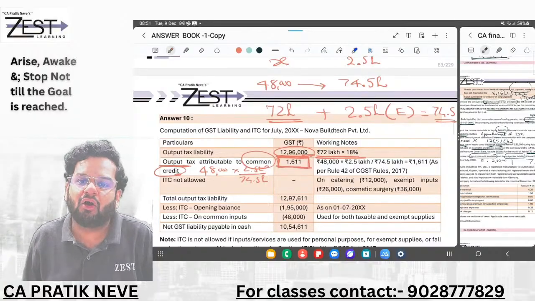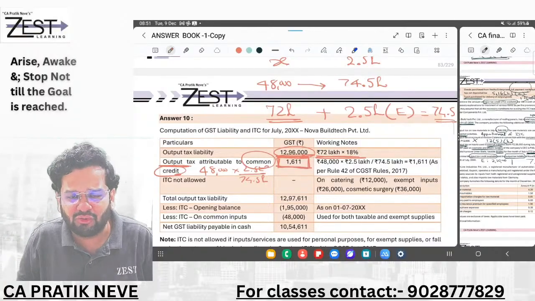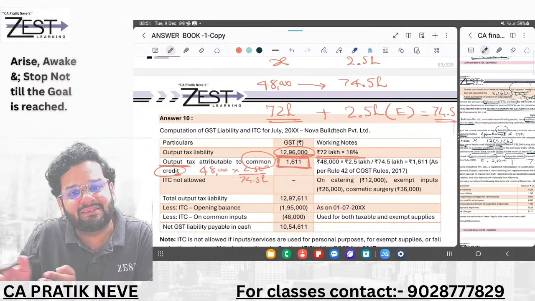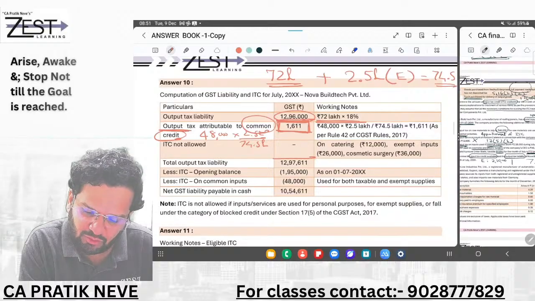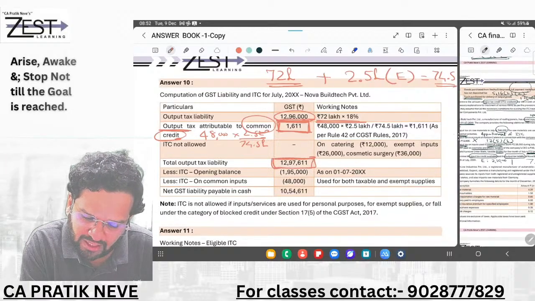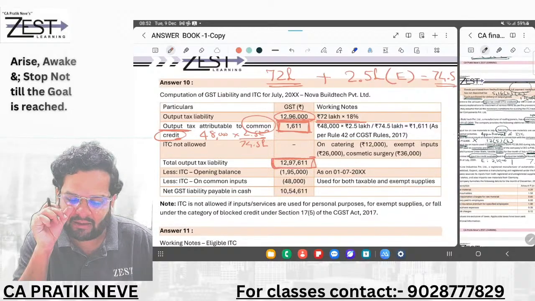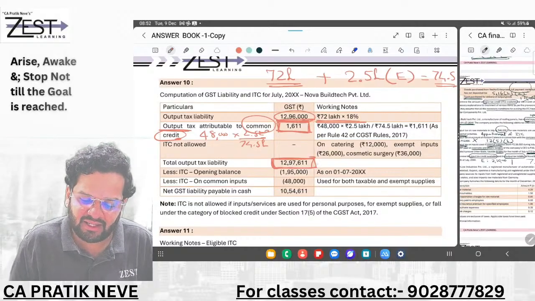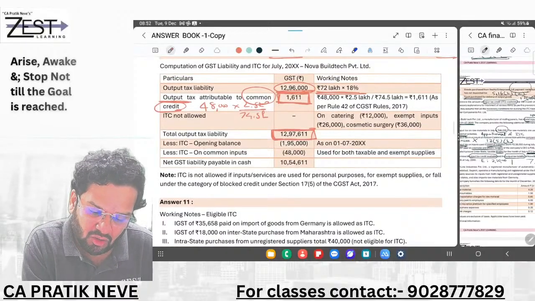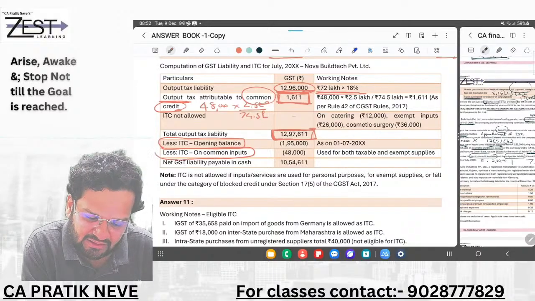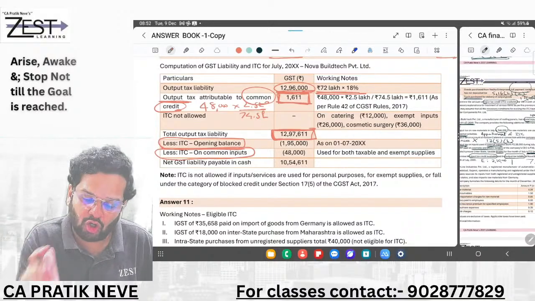Why? Because then you can take entire credit of 48,000. So see, once you give back this 1611, your overall output tax payable will become 12,97,611. Now from that you subtract opening balance of ITC as well as entire ITC for the month on the common inputs.